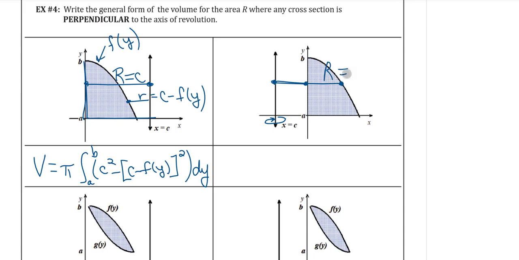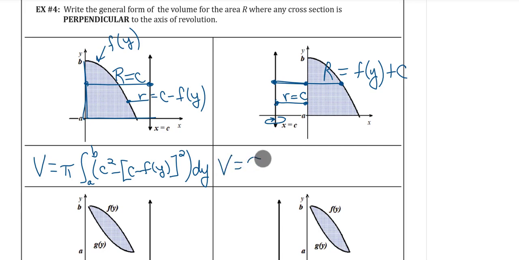So our capital R is going to be f of y plus c for that total distance. And then our shorter radius, our inner radius, is going to be this distance right here, which will just be c. And again, distance is positive. Even though c is a negative number, we're looking for that length, so that's a positive distance.